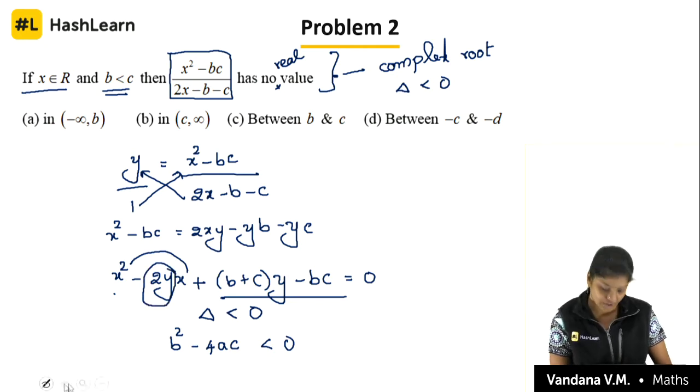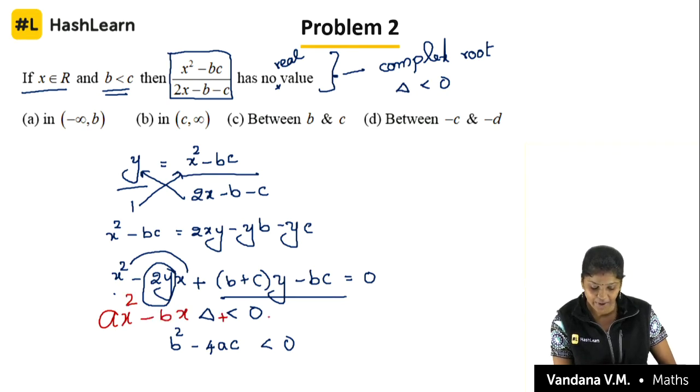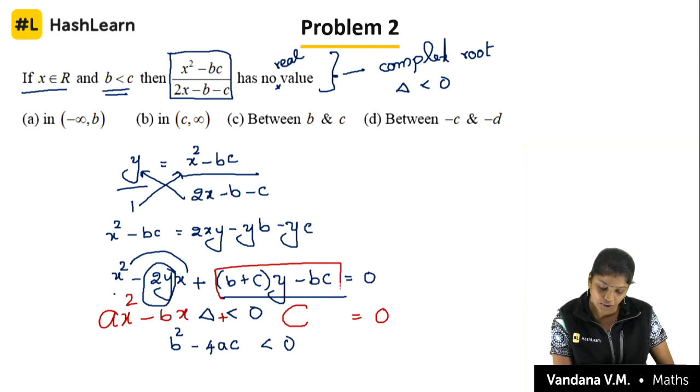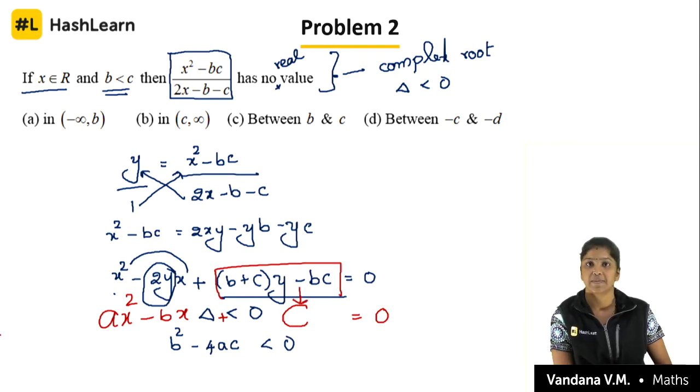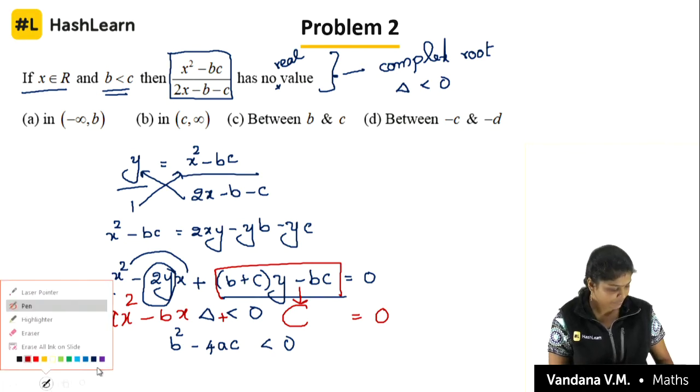Now compare with the standard equation of a quadratic equation, ax square plus bx plus c is equal to 0. So c means this whole term will come as c. Now b square minus 4ac.